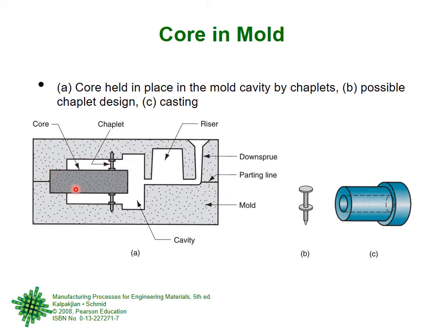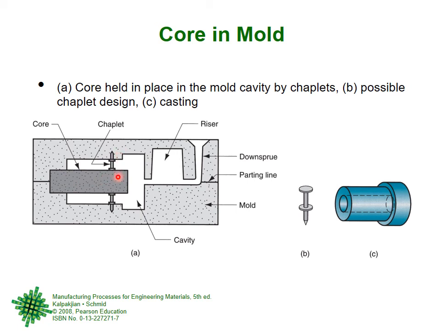This remaining part will be this part of the tube, and for the hole, the core is there, and the core is using these chaplets. These are especially designed pins or joining mechanisms or fastening mechanisms so that the core can be held inside.